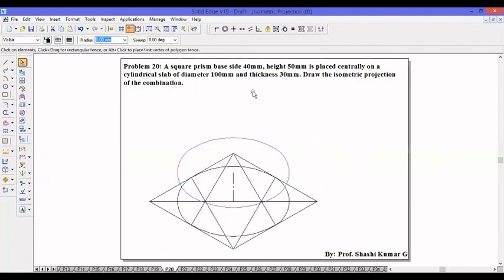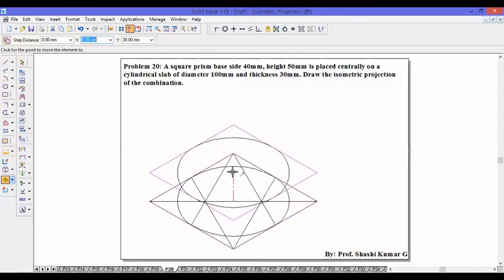Then above this we need to place a square prism of side 40 mm. So now you select this square which we had already drawn for 100 mm. Go for move, switch on copy, copy from base center and paste it on top of this and reduce the scale.